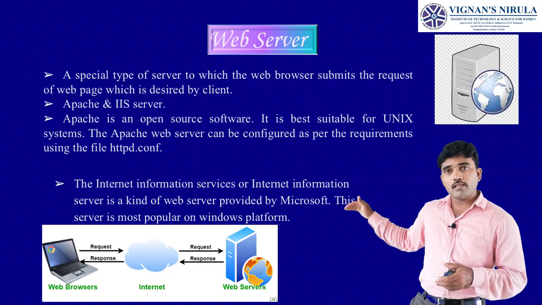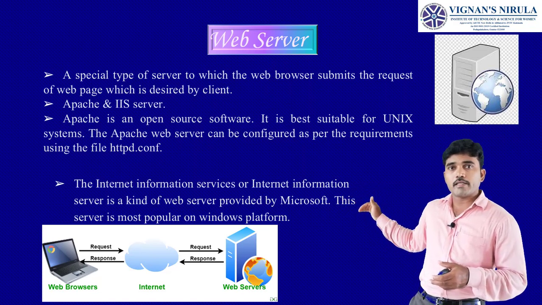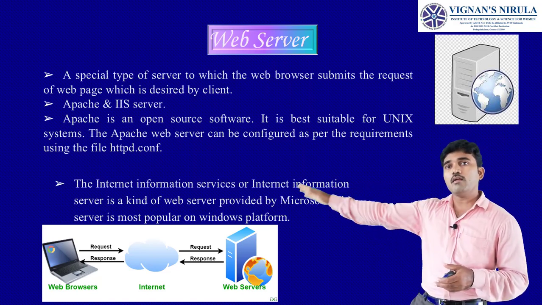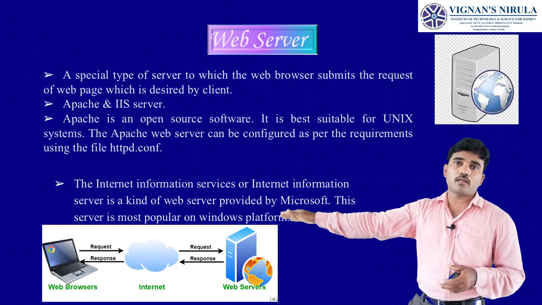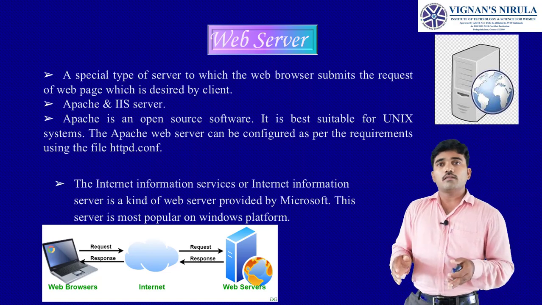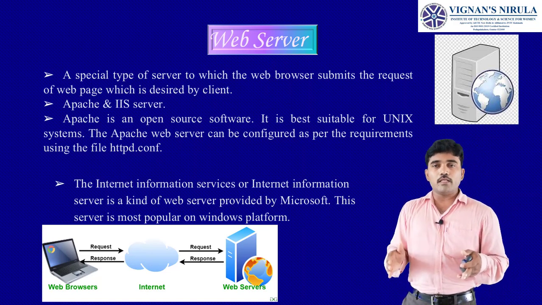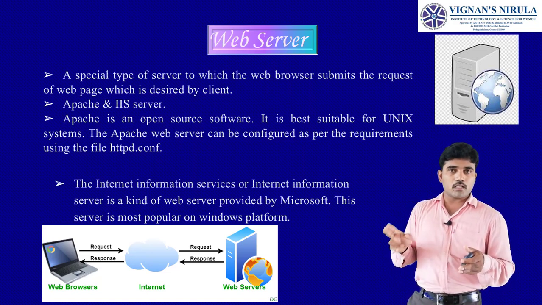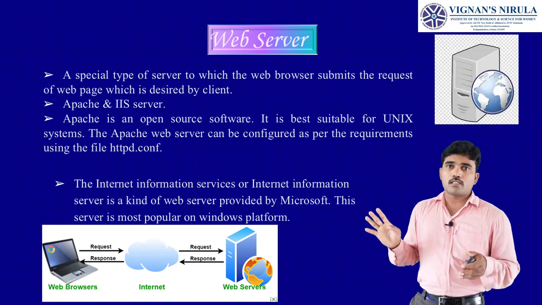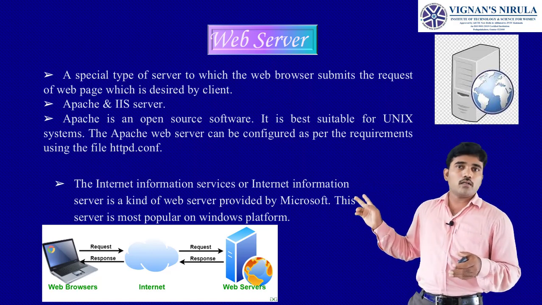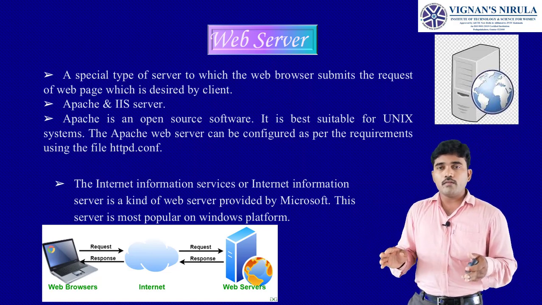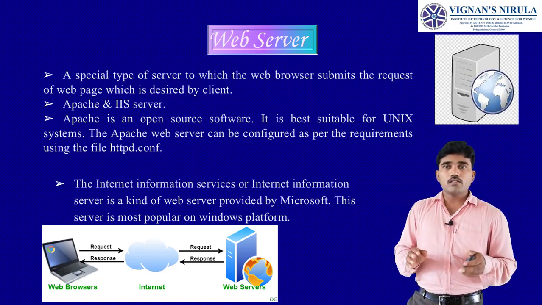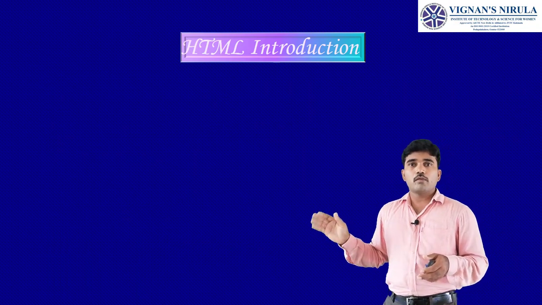And after that this web server is sending a response to the web browser, that means simply to the client. That is the type of communication that happens between the two computers, one a client and another a server. Those two are using the internet as the communication media. So that is all the basics related to the web server.